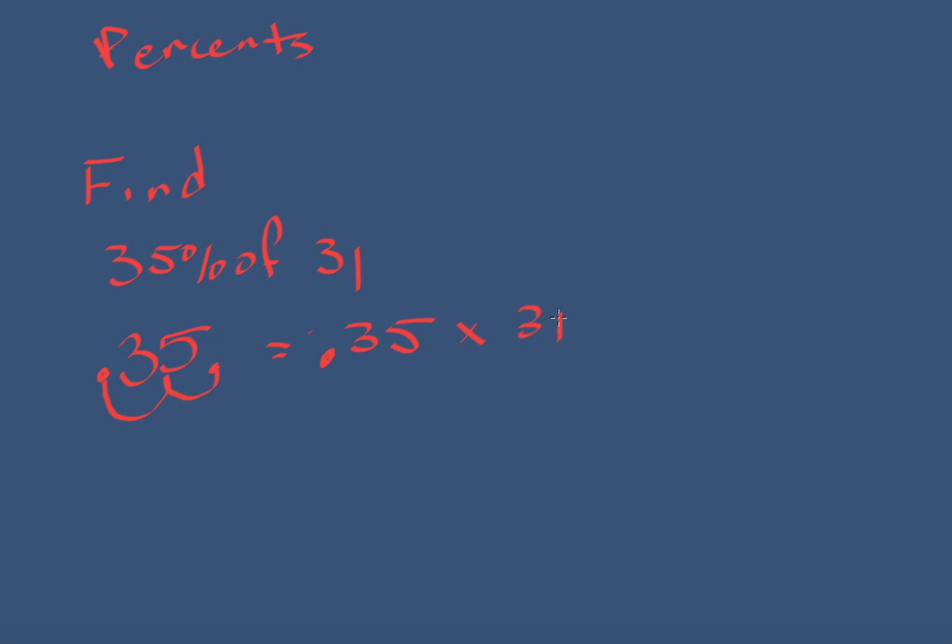So if I take out my handy dandy calculator and I say 0.35 times 31, I get 10.85. All right, not a big deal. There's another one just like it right below it.